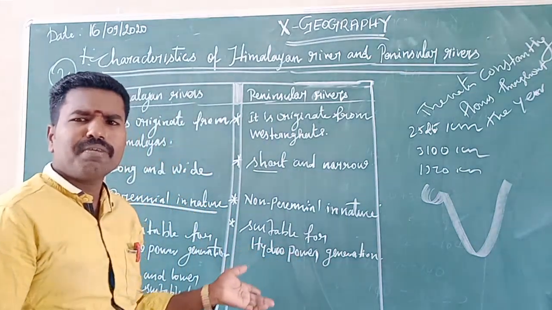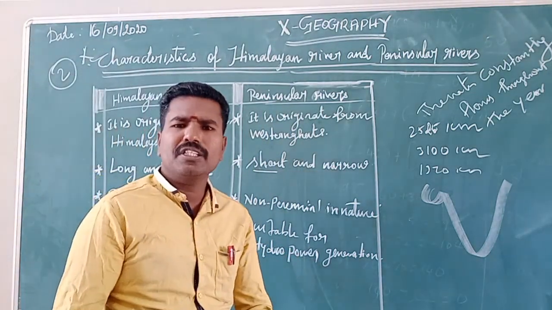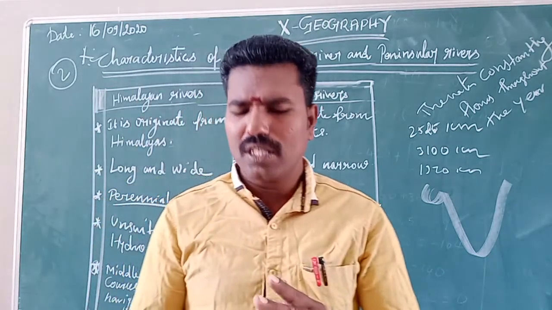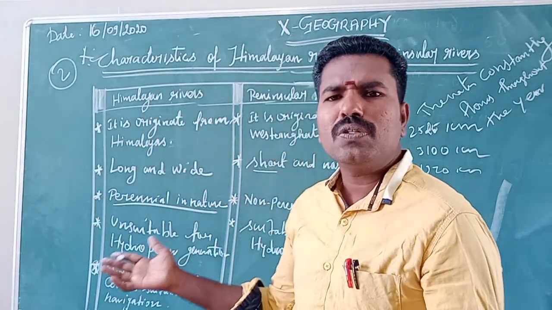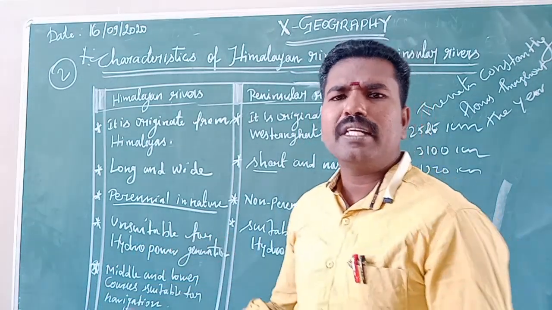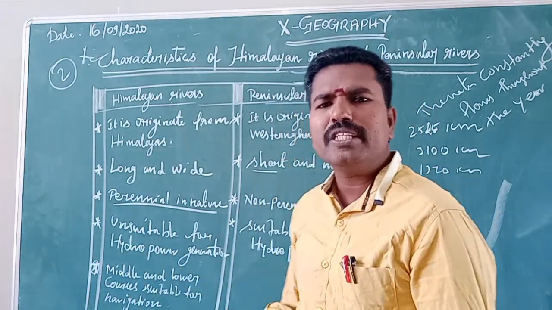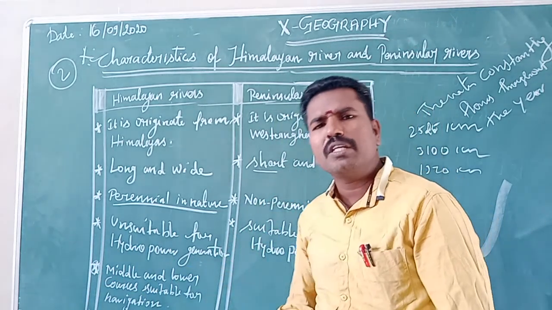For example, on the Kaveri: Kabini, Krishna Raja Sagar Dam, Harangi, Hemavati, Kalyani Dam, and Mettur Stanley Dam.